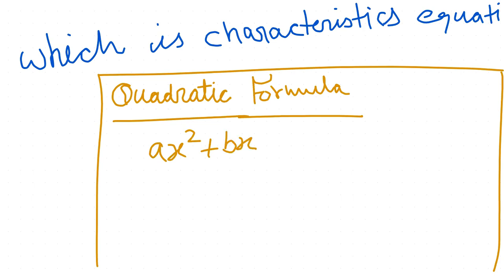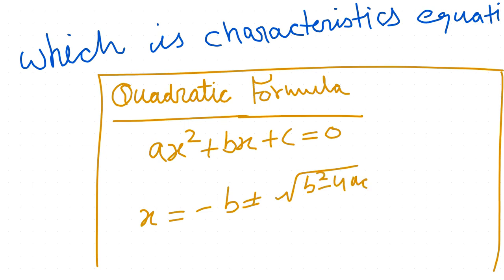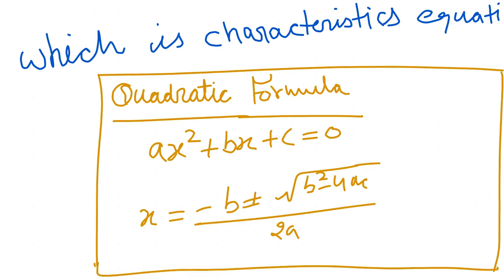Then the value of x we can find by taking minus b plus minus square root of b square minus 4ac upon 2a. This is the quadratic formula and we will use it here for the characteristic equation.